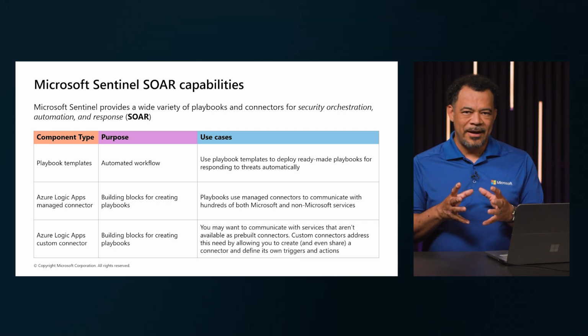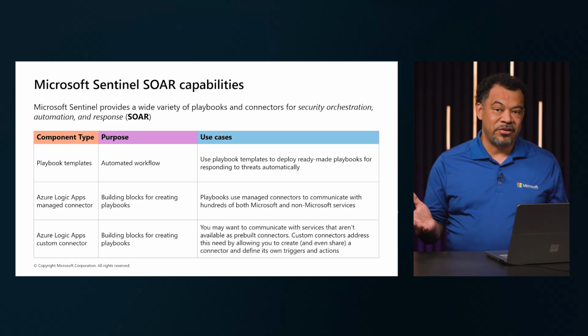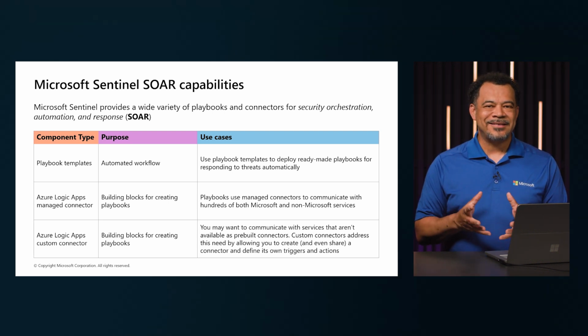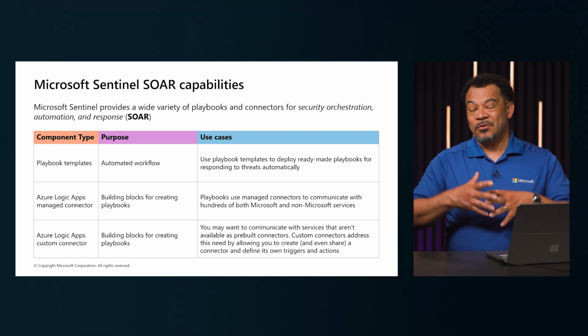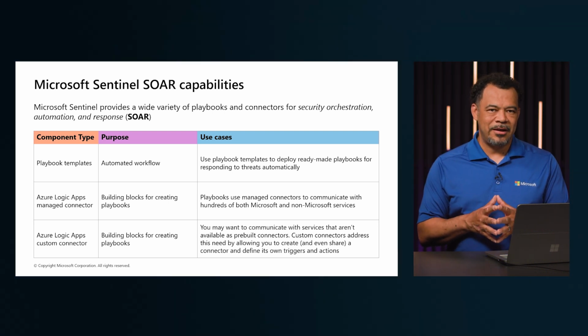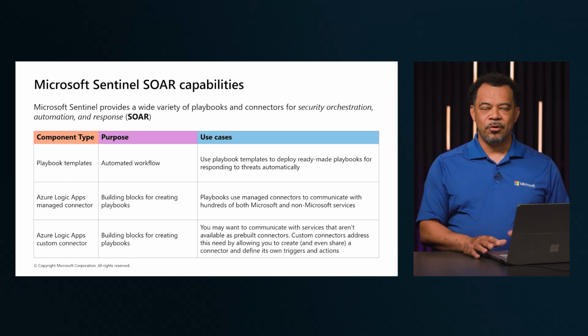For more specialized integrations, custom connectors allow teams to define their own triggers and actions, extending automation to virtually any service. This flexibility empowers security teams to tailor their response strategies to fit unique operational requirements.